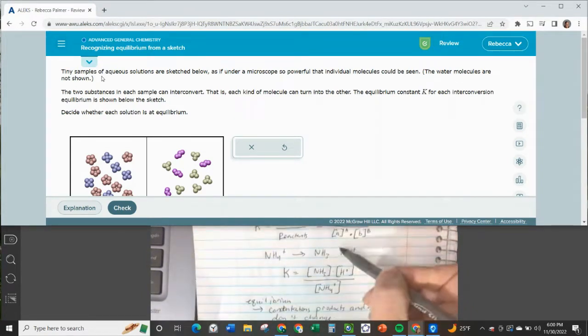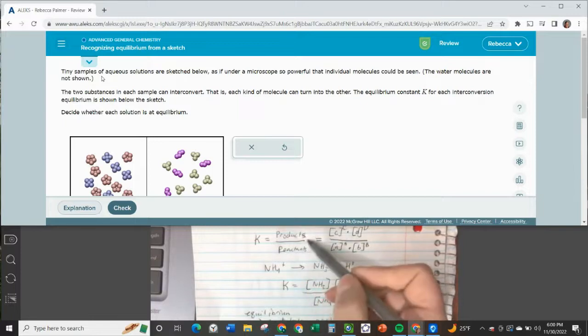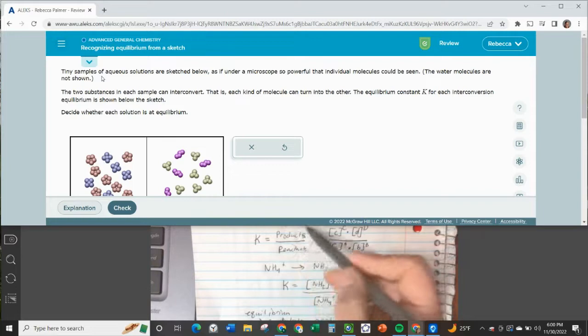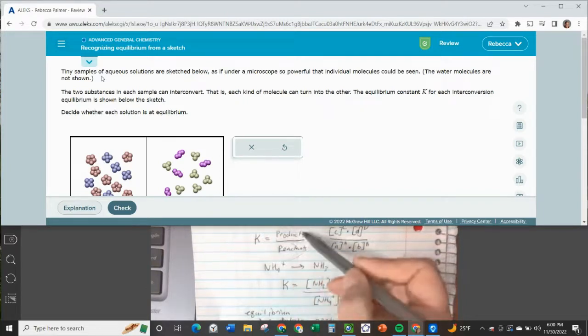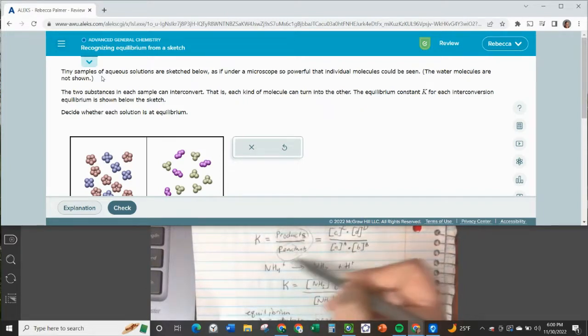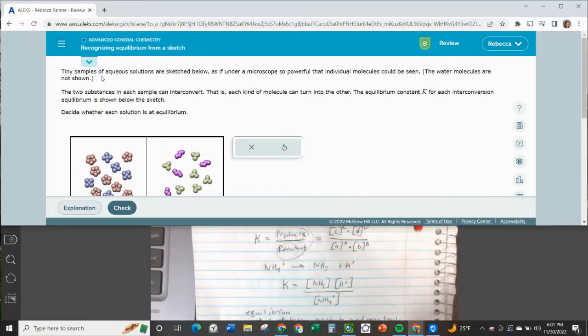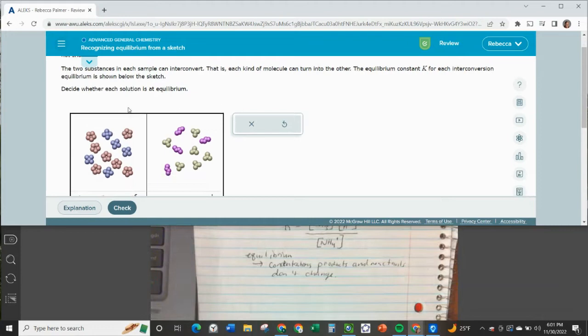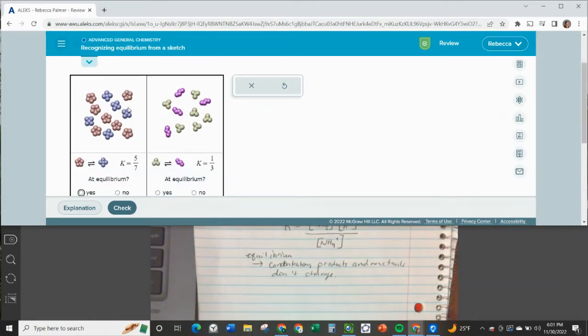So if I'm looking at my equation, I have the equilibrium constant is equal to the products over the reactants. This is telling me at equilibrium, I will have this much products and this many reactants, and it's a constant amount. So if I look at the first picture, I have the reactants and they change into this other flower shape as a product.